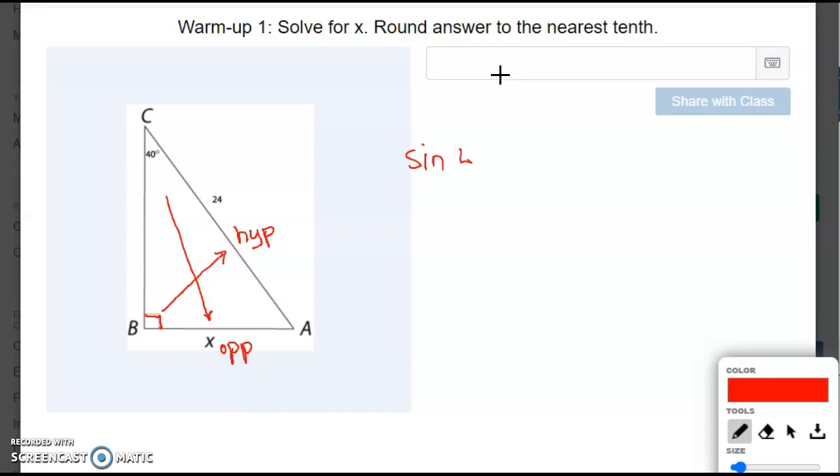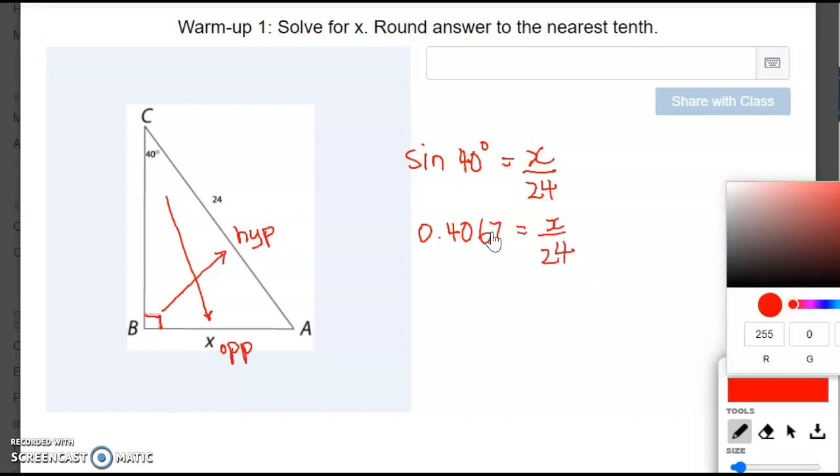So sine of 40 degrees, that's the angle measure, is equal to opposite, which is x, divided by 24. Okay, and if I look at sine of 40, that's 0.4067 is equal to x over 24.